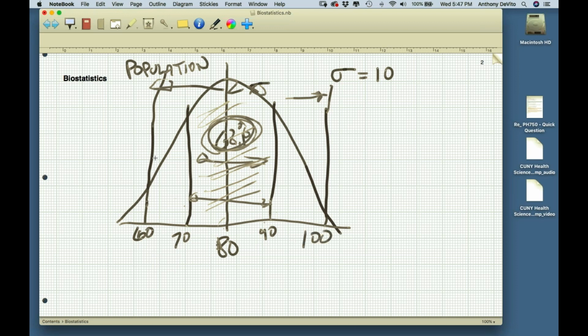So basically, 95% of the population is within 2 standard deviations of the mean, in other words, between 60 and 100. We also had a rule for 3 standard deviations and so on, but I'll stick with these two for now. So that's going to guide us quite a bit in terms of understanding this population.